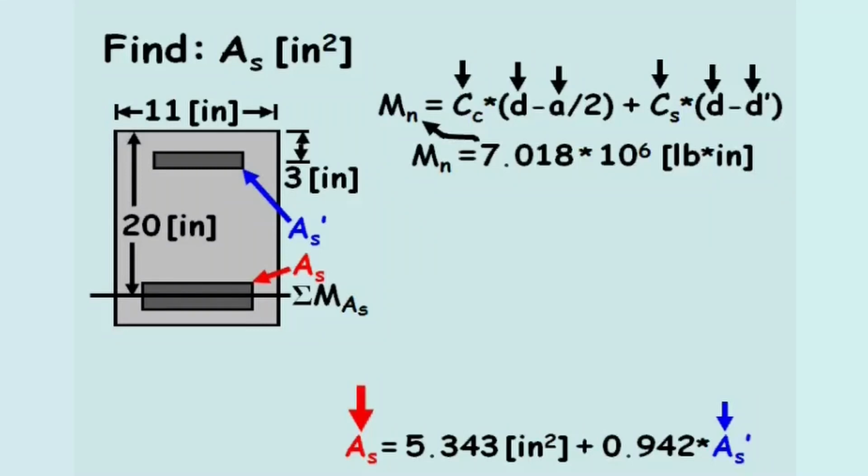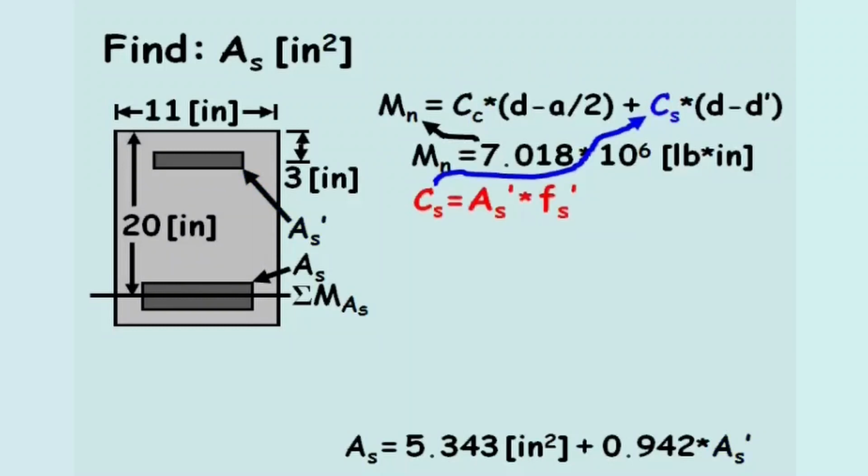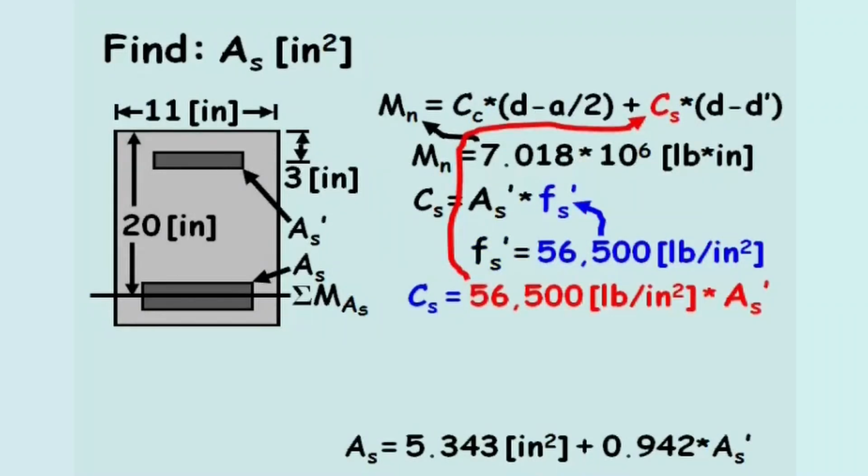The term which contains the area of compression steel is variable Cs, the compressive force in the compression steel, which equals the area of compression steel times the stress in the compression steel. The problem statement provides the stress in the compression steel equals 56,500 pounds per square inch. So we'll leave this term as a function of the area of compression steel, As'.